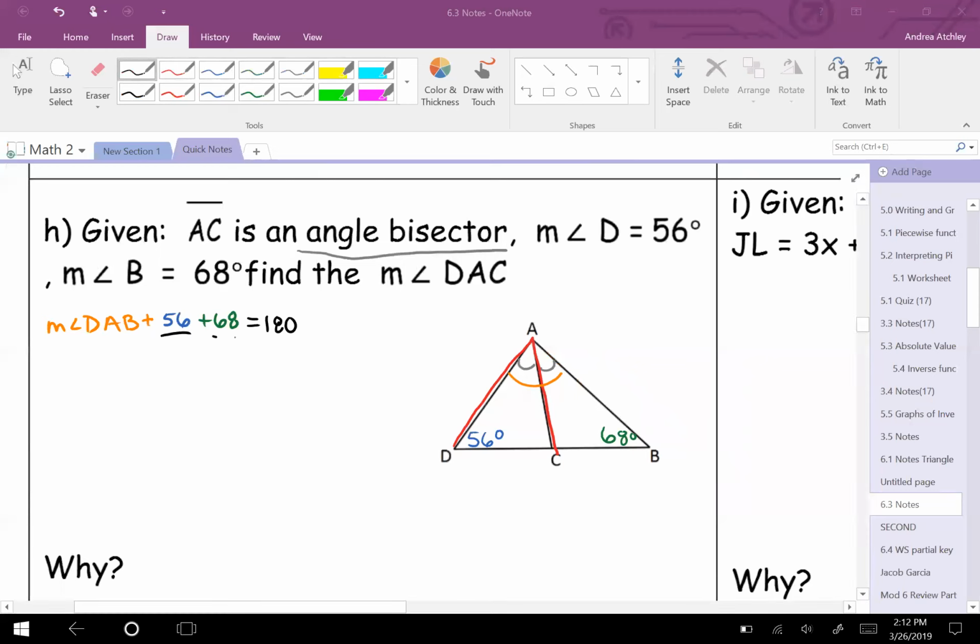So I'm going to combine my like terms, get the measure of angle DAB plus 124 equals 180. I'm going to subtract the 124, and that's going to give me the measure of angle DAB is equal to 56.